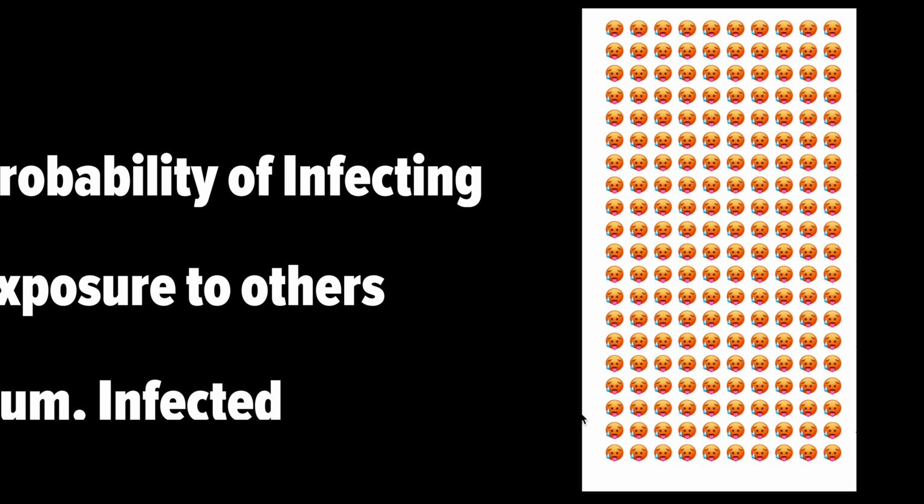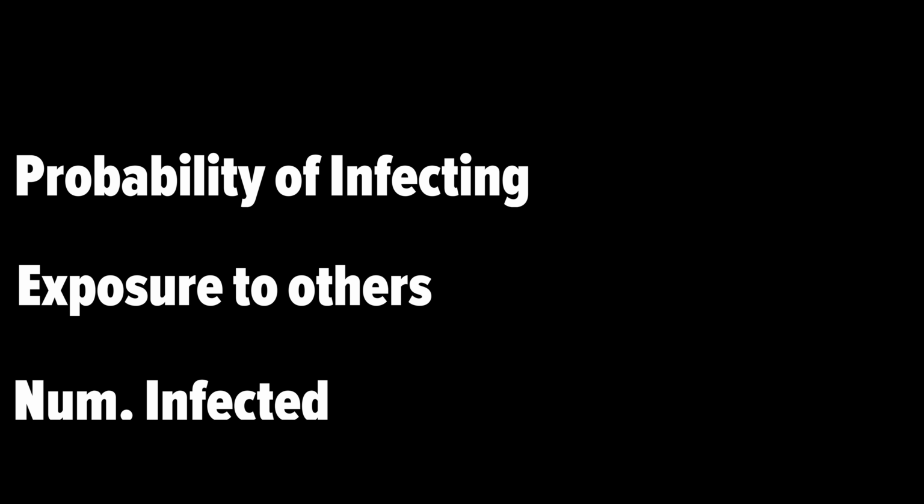Now, let's talk about a textbook example of exponentials, which is known as virus spread. In the last video, we discussed the PEN model, which, as we discussed, had three main factors: the probability of infection, the exposure to others, and the number of cases. I'm going to call them P, E, and N for simplicity from now on.